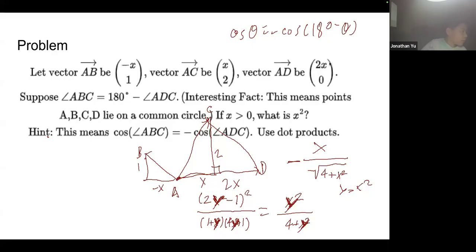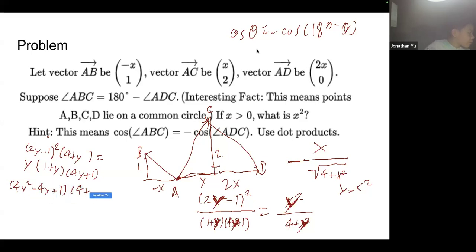So cross multiplying, we get (2y minus 1) squared times (4 plus y) is equal to, oh wait, no, y isn't squared, sorry, y times (1 plus y) times (4y plus 1). So now we need to expand this out. So the left-hand side is 4y squared minus 4y plus 1 multiplied by 4 plus y.